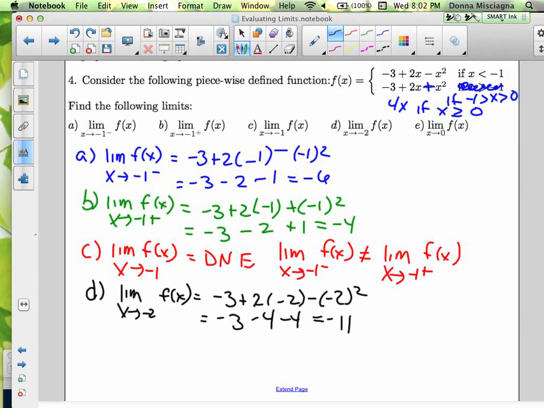All right, so on E, we're going to take a look from the right and the left-hand sides, because now I made it more complicated. If I want to know the limit as x approaches 0, I have to find it from the left-hand side.